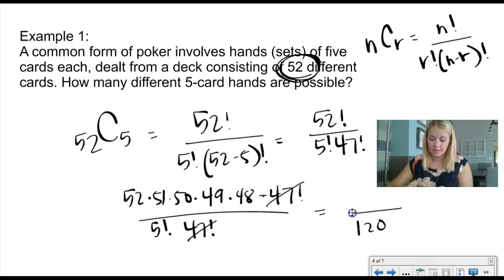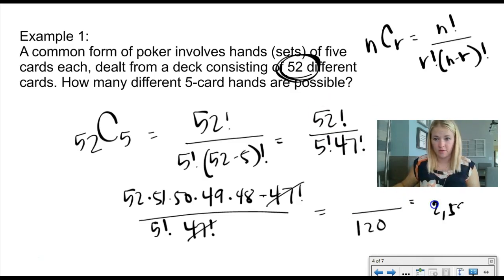So we get 52 times 51 times 50 times 49 times 48, which is 311,875,200. Dividing that by 120, we get 2,598,960.